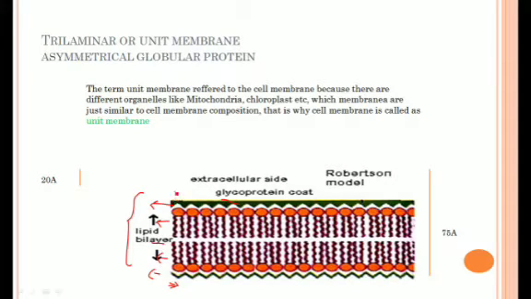Both are protein, upper and lower, but their size is different. The outer one is wider than the inner side. That's why it's called trilamellar, because both sides are not the same. It was proposed by Robertson, and he also suggested the width of the plasma membrane, about 75 angstrom.